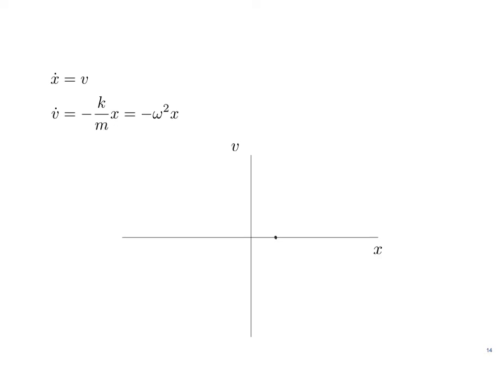Now if we are in here, let's look at this equation. It means that we have a velocity that is 0, because the velocity in here is 0, and we have x that is positive. So based on these equations, I already know that at this moment I'm not allowing changes along x. If I have a change in the particle, which I will have, it's going to be related only to changes in v.